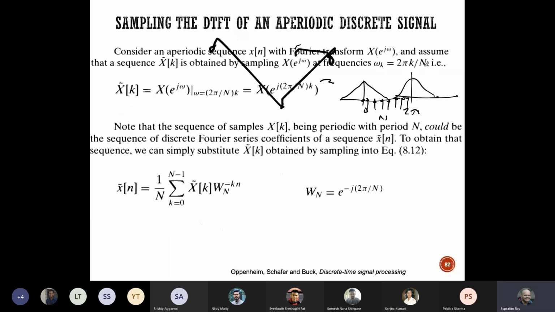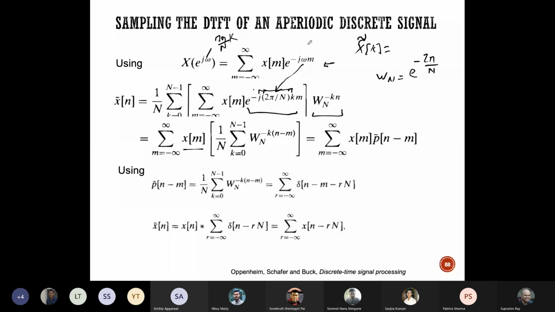And here, e to the power minus j 2 pi by N is just W_N. So this term here is just W_N to the power km. That's it.